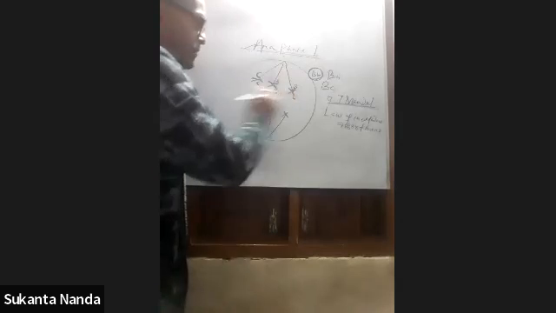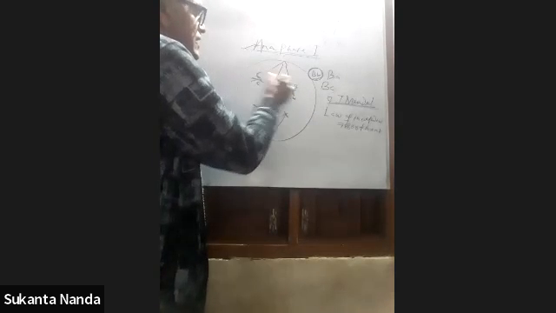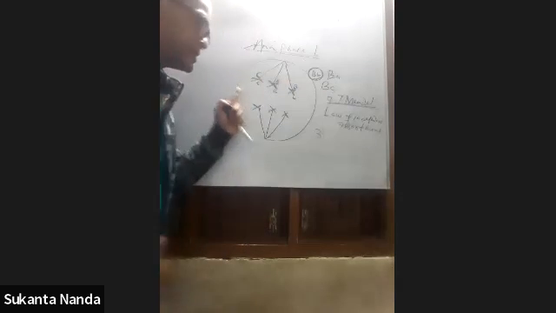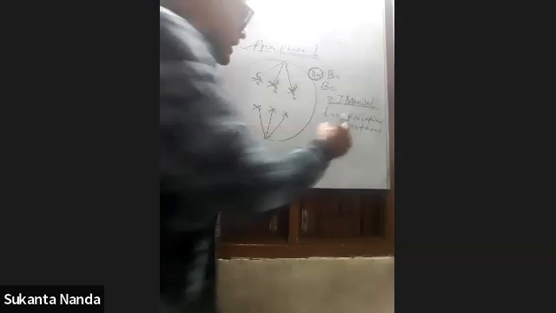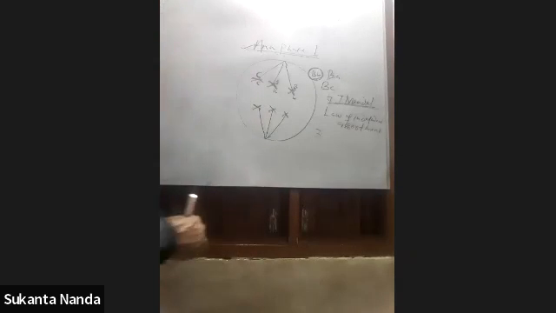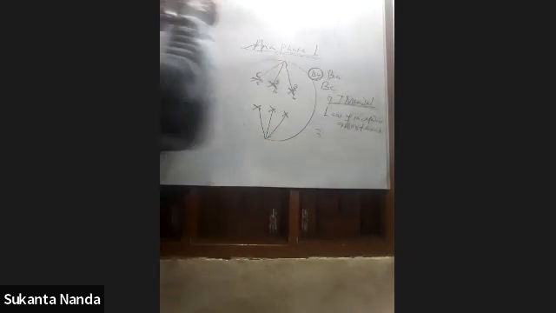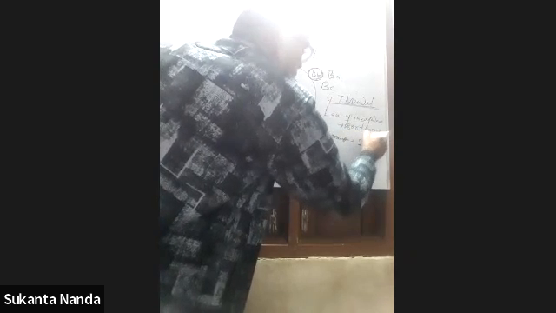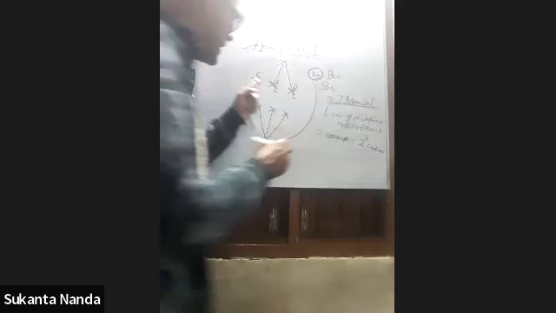How many chromosomes are there here? Here are 3 chromosomes, so there will be 8 combinations. We have to find the number of combinations: if there are 3 chromosomes, they will make 2 to the power 3 combinations.